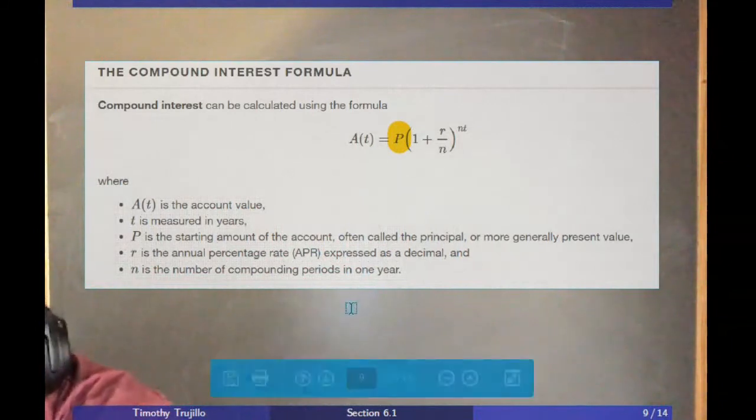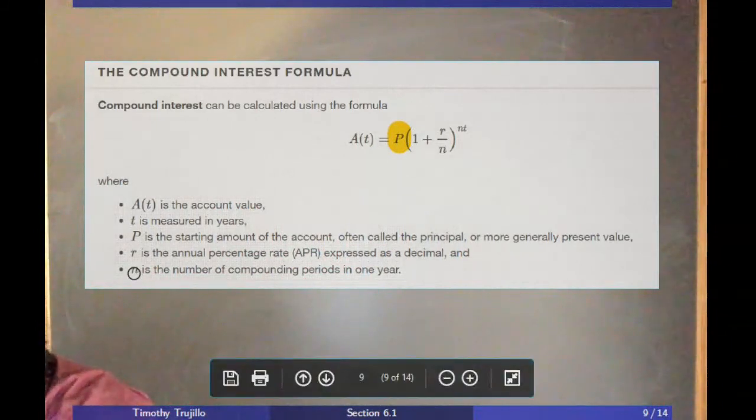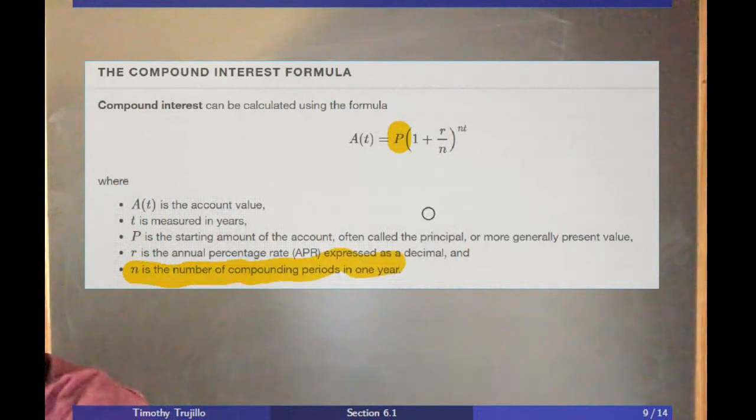And that first example that we did at the start of class was when the principal was $1. And we looked at the case when we were compounding once a year. So in that first example, we just took n to be 1. And so what we would multiply by, what the base was, was the amount that we originally owed, which was the $1, plus the amount of interest. And we took that to be 100%. So we were taking r to be 1 and n to be 1 as well.